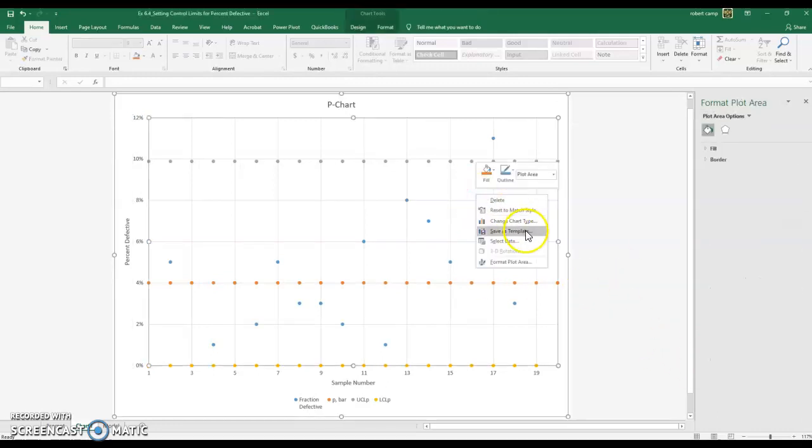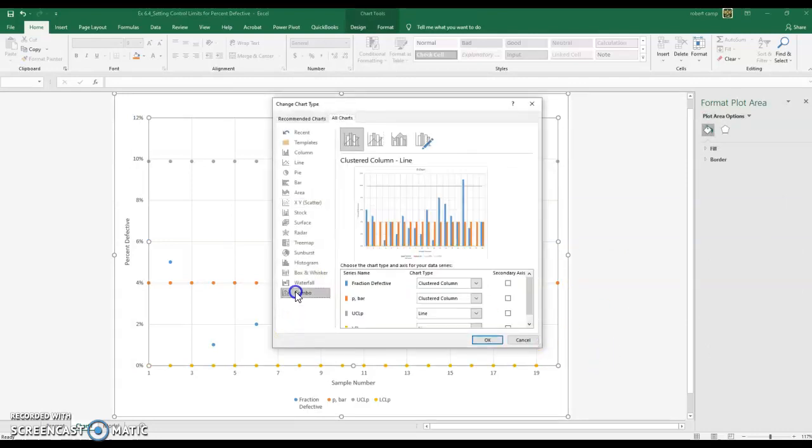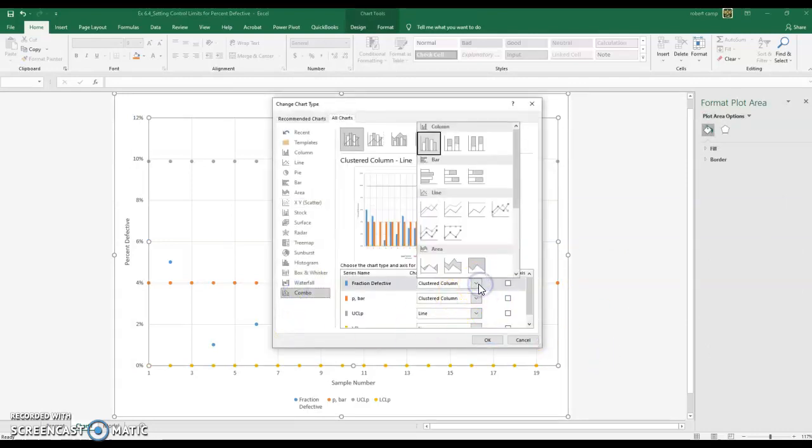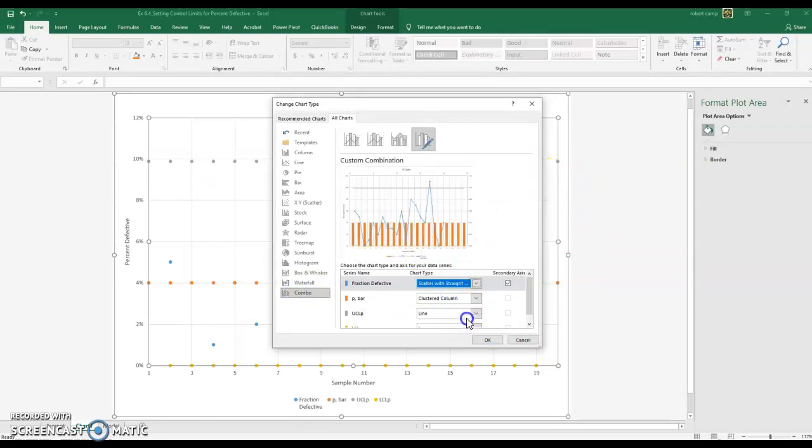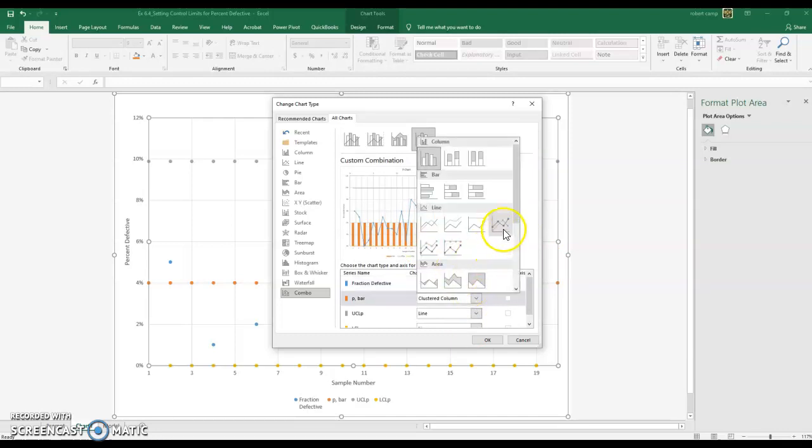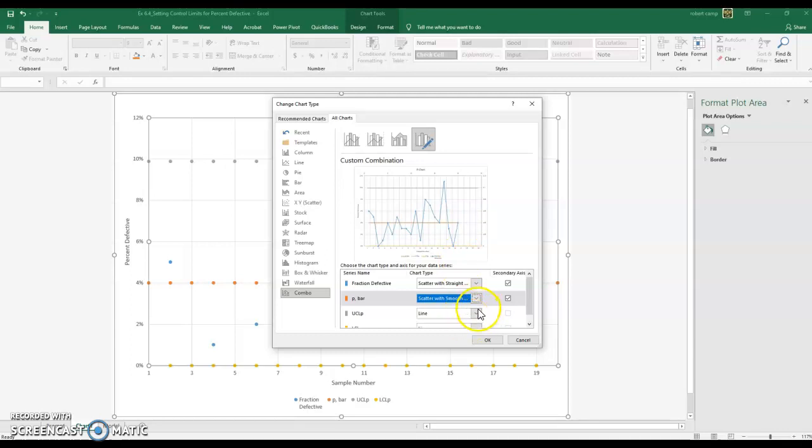And then we'll right click on here, change chart type. Let's go to our combo chart and fraction defective. This time, let's actually have the line in there. So we'll do markers with straight lines, P-bar, and everything else. We're just going to make a straight line.